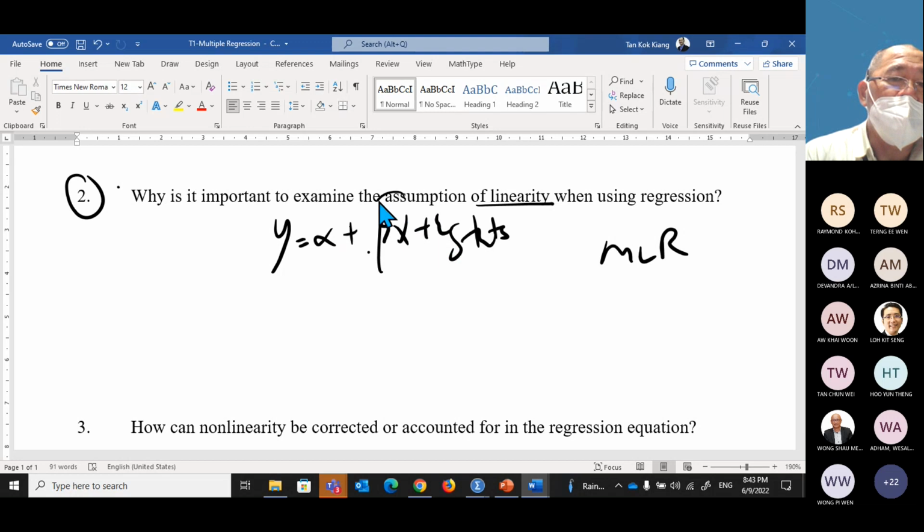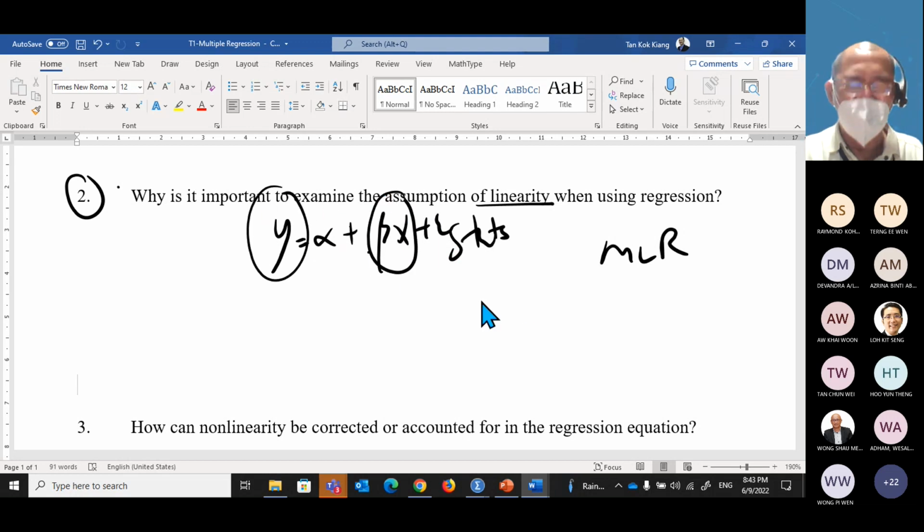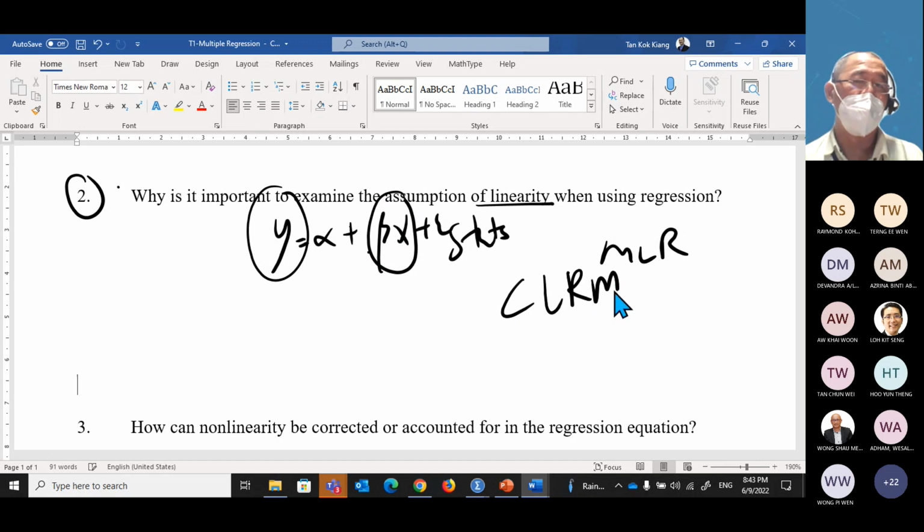So therefore X linearly affects Y under the classical linear regression model. This is only correct when the data is linear. If not linear, but you still want to use this model, then it doesn't fit.